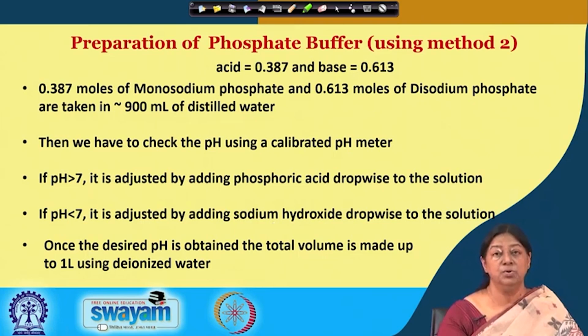It is important to note here that the ions that are being added to the solution are already present. So, because we are using a phosphate buffer, to decrease the pH, we are adding phosphoric acid. We are using a monosodium phosphate and a disodium phosphate.